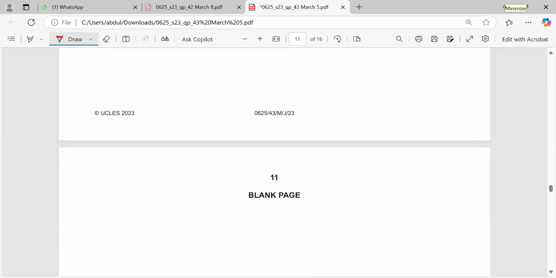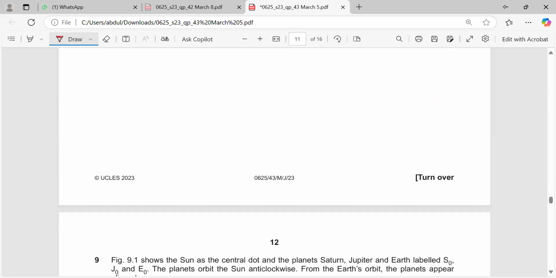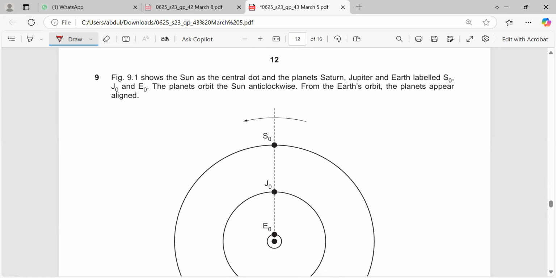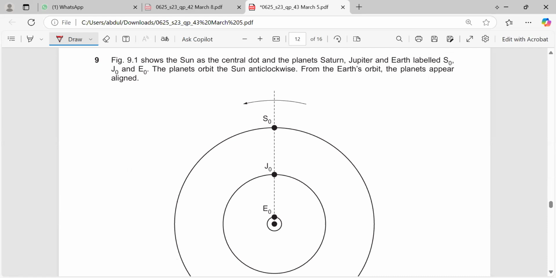Now next, my dear friends, this is a unique question, by the way, a very good question. Okay, let's start. Figure 9.1 shows the sun as the central dot and the planets Saturn, Jupiter and Earth labeled SO, JO and EO.